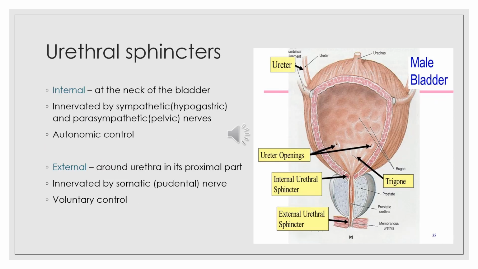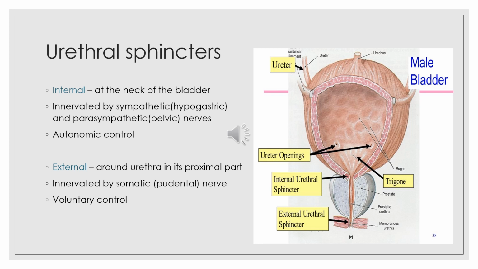We have seen that the urinary tract has two urethral sphincters, the internal urethral sphincter and the external urethral sphincter. The internal urethral sphincter is located at the neck of the bladder, that is in between the neck of the bladder and the upper end of the urethra, and is made up of smooth muscle fibers. It's innervated by both sympathetic and parasympathetic nerves, that is hypogastric and pelvic nerves, and hence it is under autonomic control.